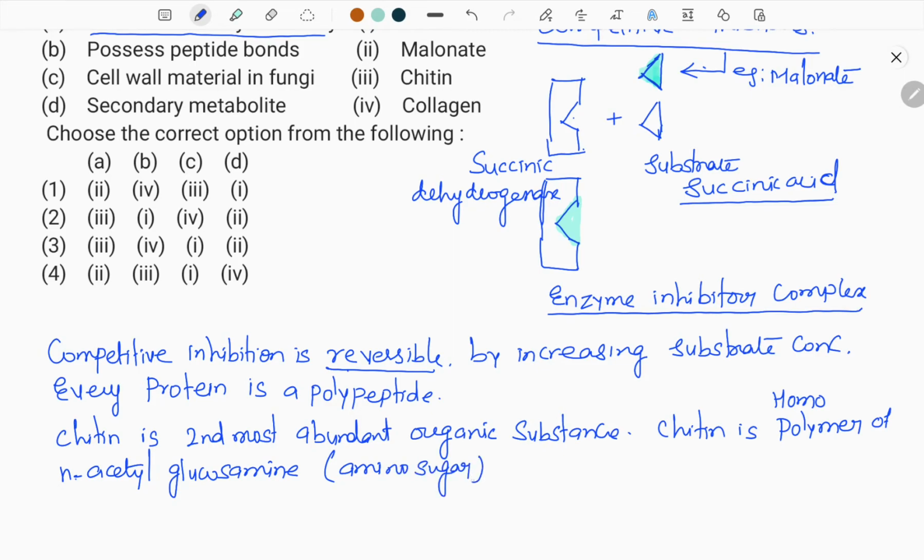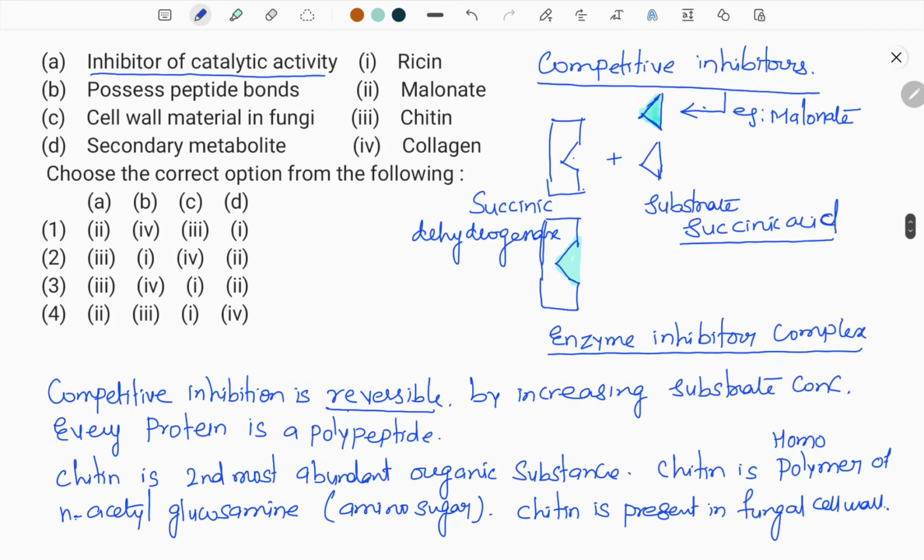So where do you find this chitin? Chitin is present in the cell wall of fungi. It is present in the fungal cell wall. That is one thing. And next, chitin is present in the exoskeleton of arthropods.